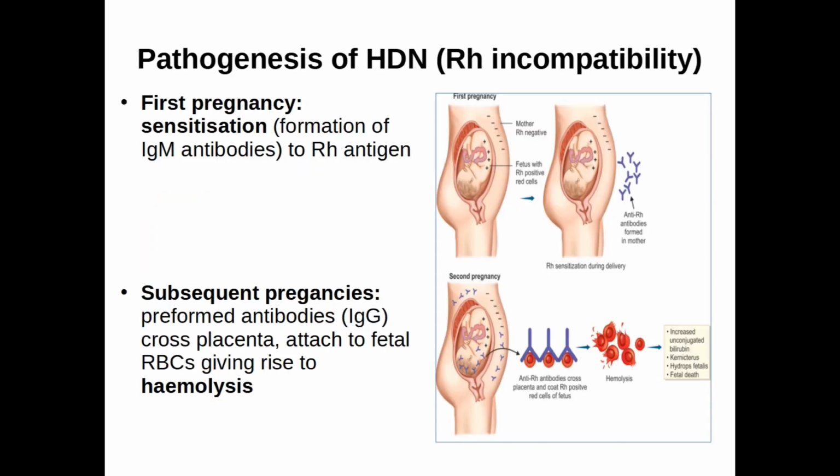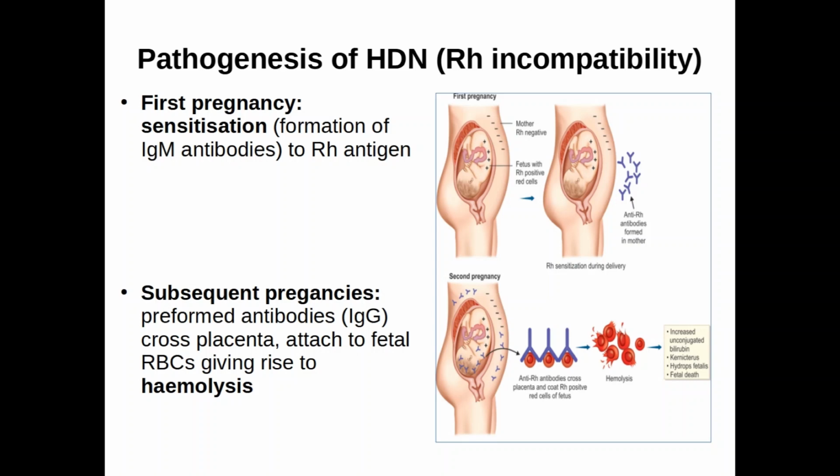Coming to the pathogenesis of this hemolytic disease of newborn, what we'll be talking about is Rh incompatibility. In the first pregnancy, because of any exposure of fetal RBCs to maternal blood, there will be formation of antibodies.